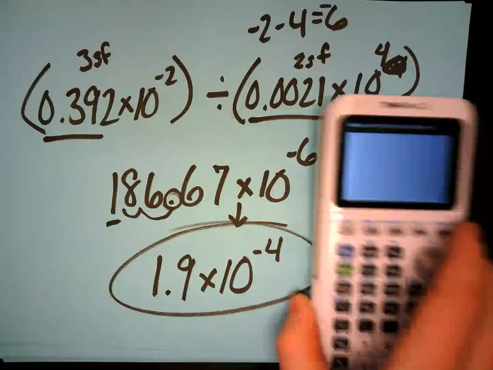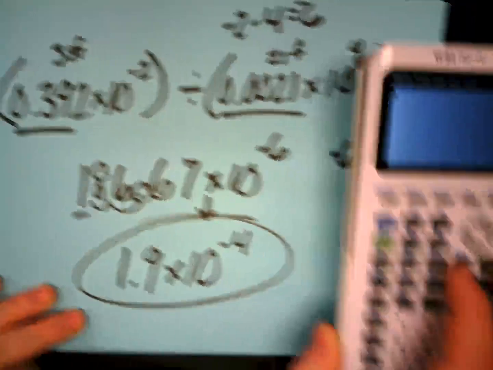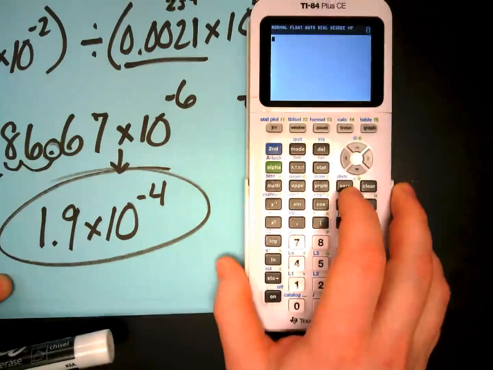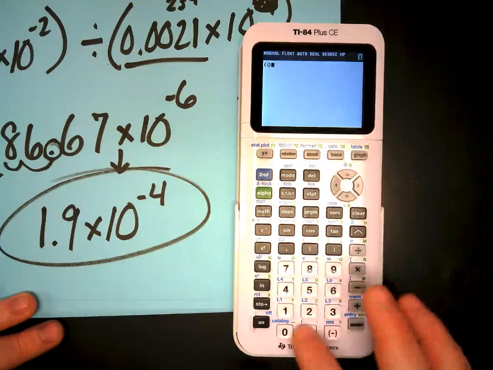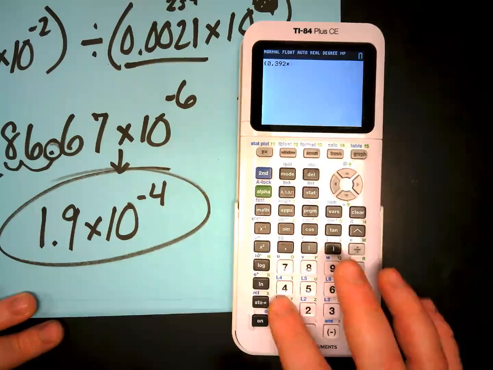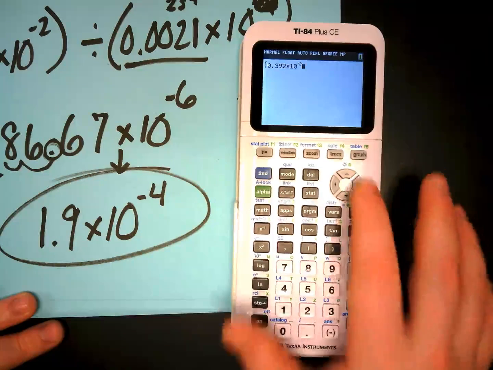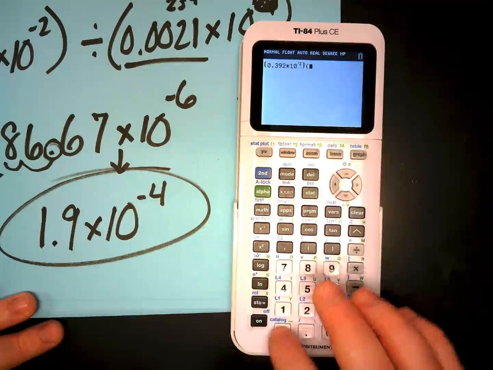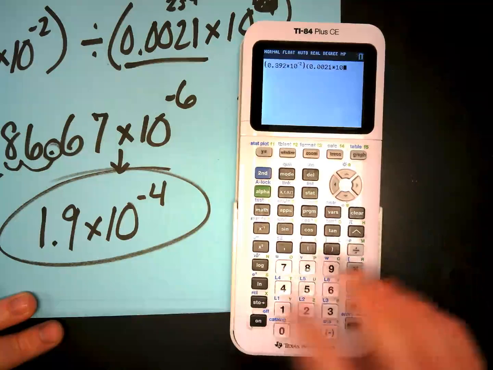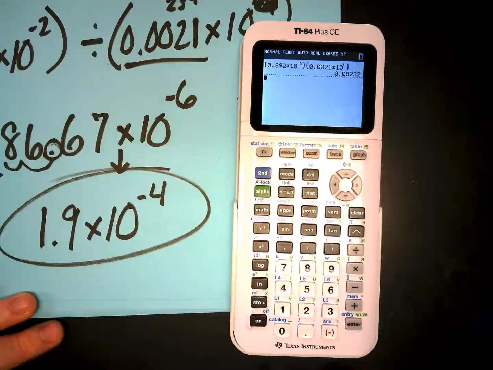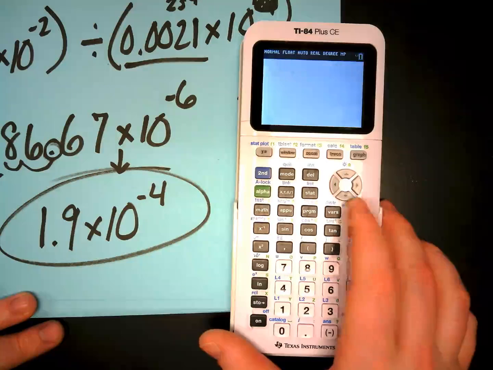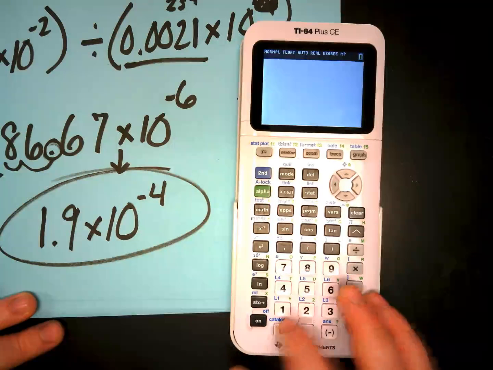Let's plug that into the calculator. So it would be 0.392 times 10 to the negative 2nd power times 0.0021 times 10 to the 4th power. Oops, I put in something wrong. What did I put in wrong here? Oh, I multiplied, not divided.